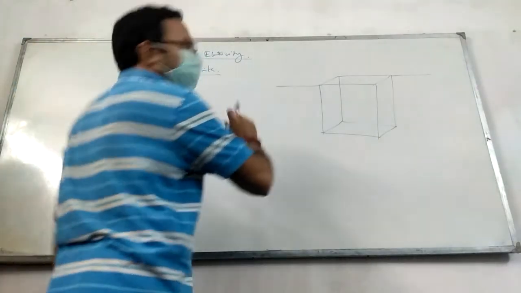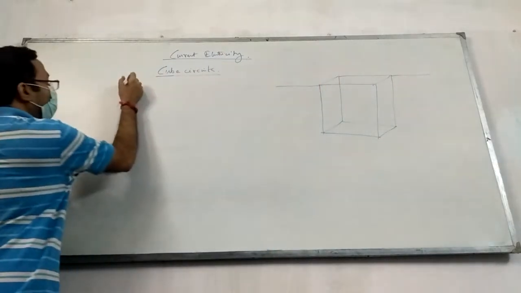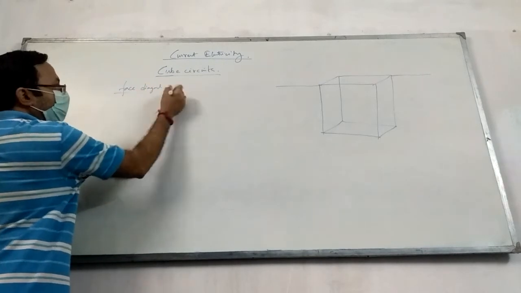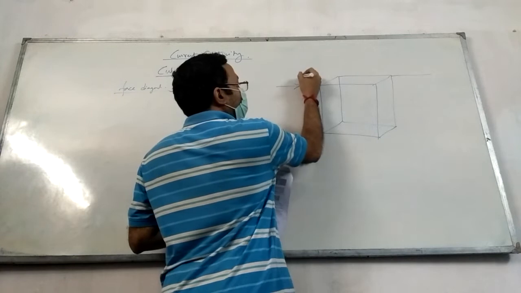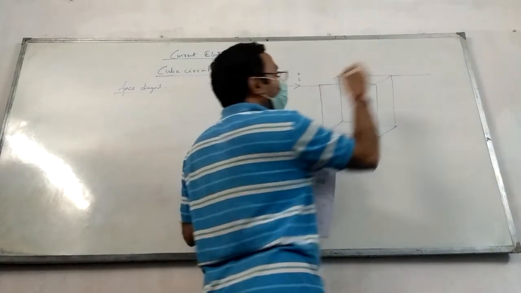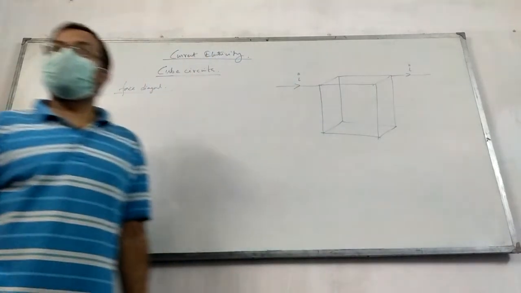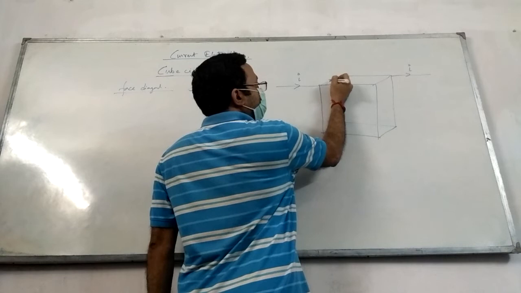Now this next diagram corresponds to a phase diagram, okay? You can understand this. The first one was the body diagonal diagram, this is the phase diagram. The current is entering through one end and leaving through the other end. Of course, you can understand that these two paths are symmetrical.